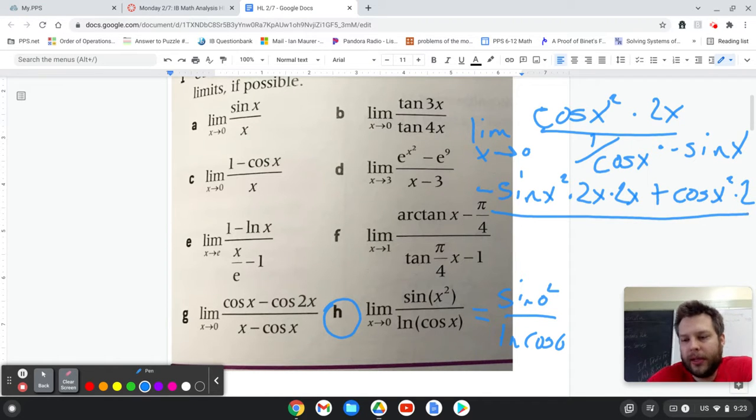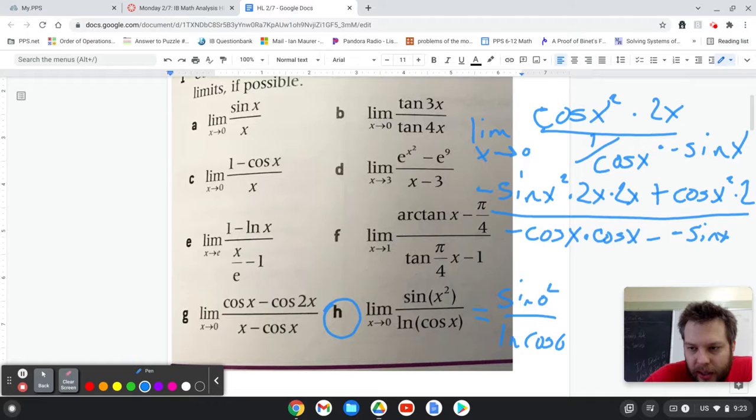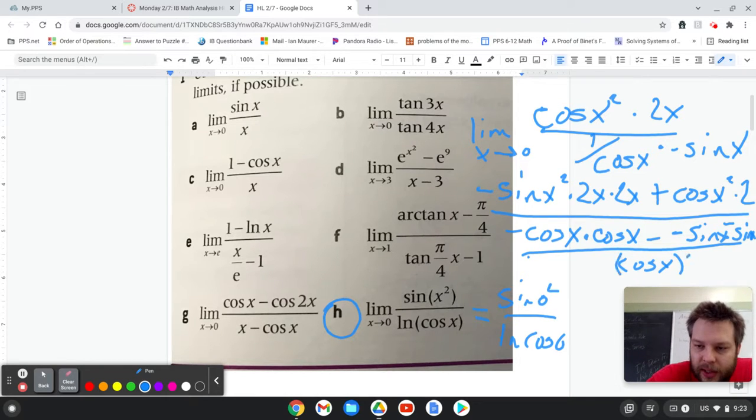And then on the bottom, I'm going to think of it as a quotient rule, negative sine of x over cosine x. So the derivative of negative sine is negative cosine x. That's f prime times g minus f times g prime, which is going to be another negative sine x. All of that is going to be divided by cosine of x squared.